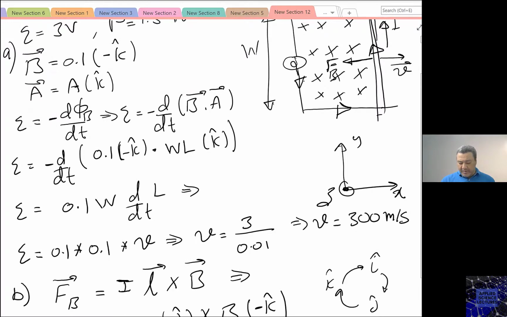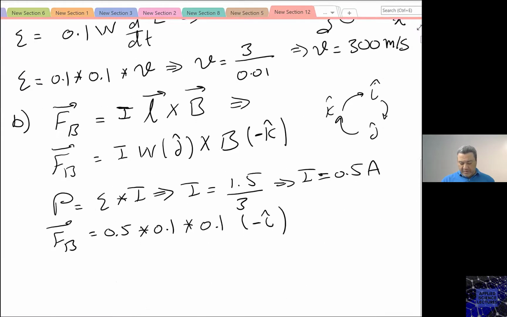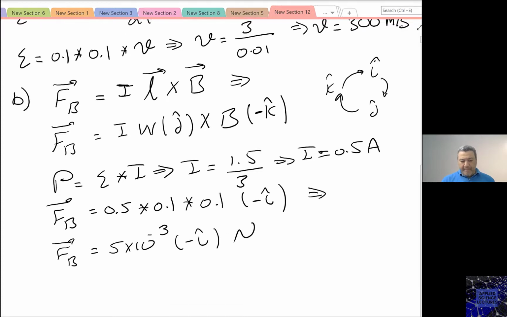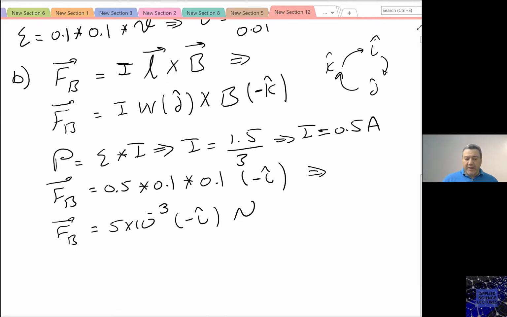So this one is minus I hat, and this is expected to be in this direction, opposing the applied force. Then FB is 5 times 10 to the power minus 3 minus I hat Newton. Now, what is the applied force?